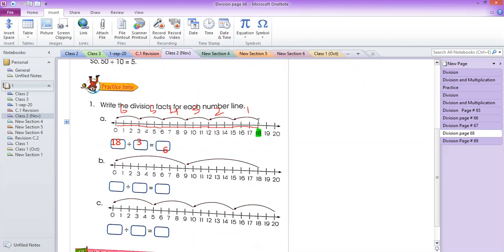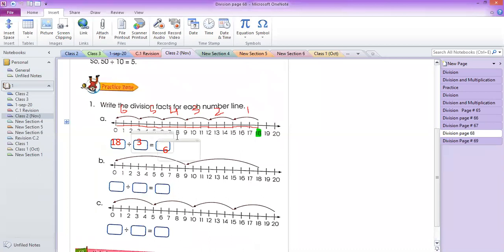It started from 18, and 17, 16 and 15, and the first step is from 18 to 15. So you just count the numbers. How many numbers are there in the first one step? 1, 2, 3. So there are only three numbers. That means you are counting in threes. In one step, you are counting in threes. So you are actually dividing 18 by 3.